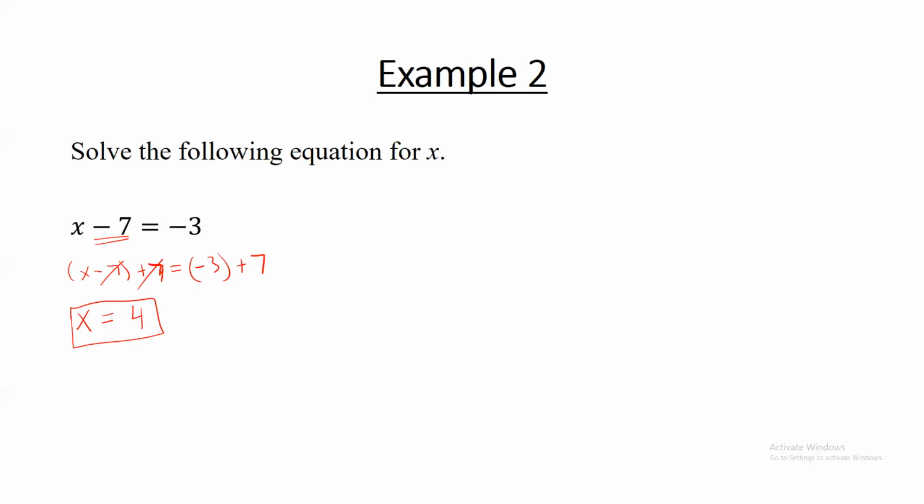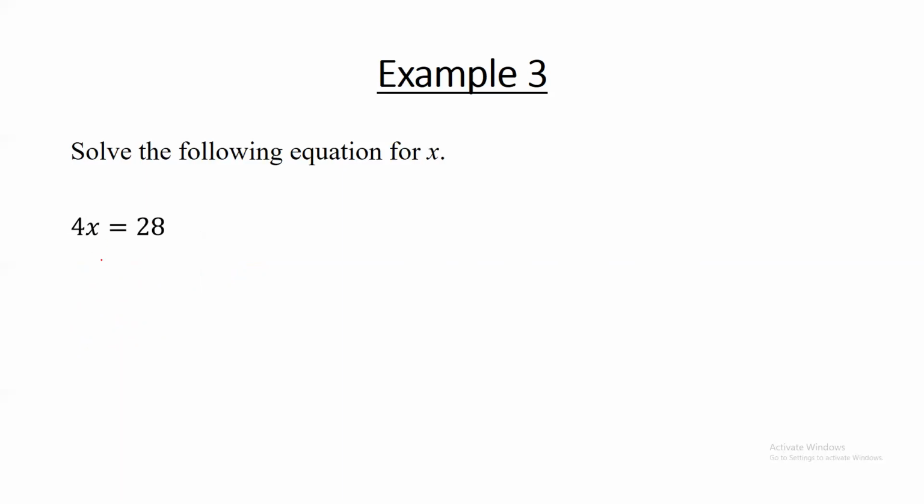Let's take a look at another example. 4x equals 28. Well, what is happening to x? Well, x is being multiplied by 4. Remember, if there's no sign in between, it means there's multiplication. Well, how do we undo multiplying by 4? Well, what is the opposite of multiplying?